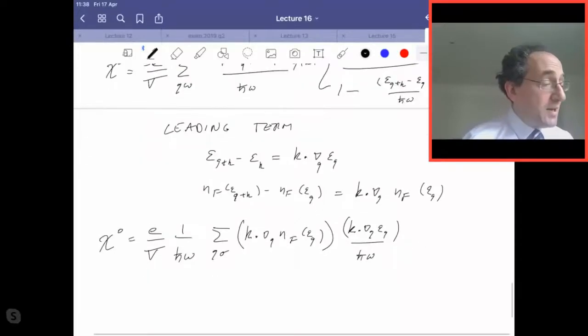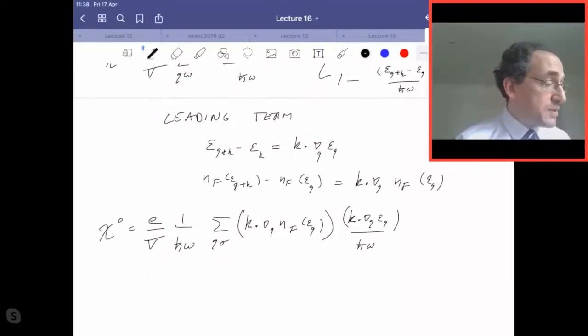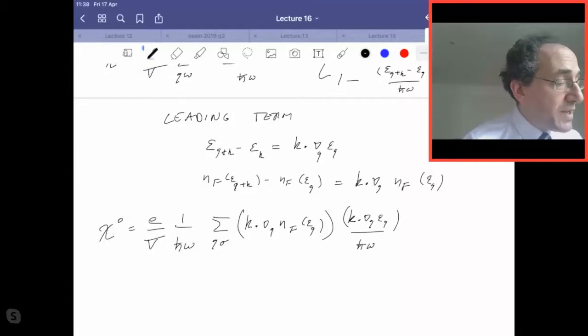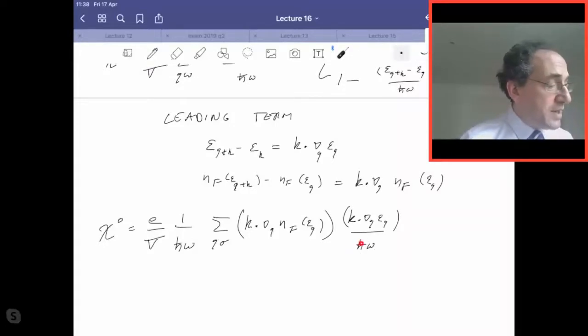So this h bar omega comes out to here, and it's now h bar omega squared. And this sum I can turn into an integral, and once it's an integral, I can integrate it by parts, so that I move the derivative from the n_F onto the epsilon_q.